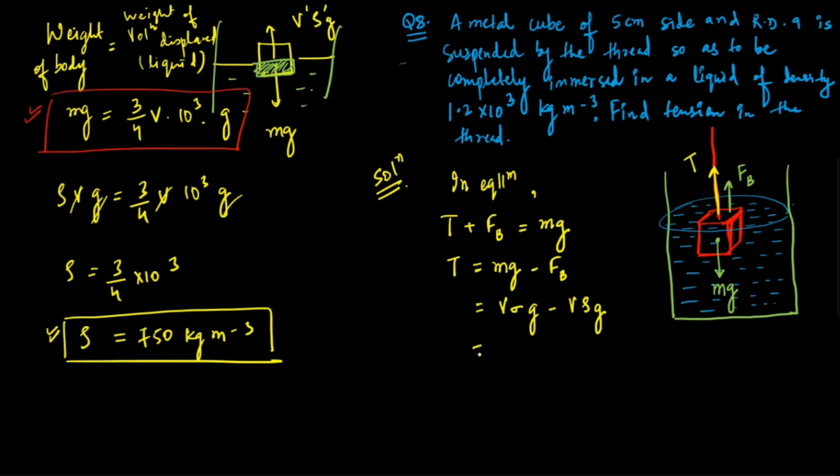Density is equal to mass over volume, right? So then mass is equal to density times volume.